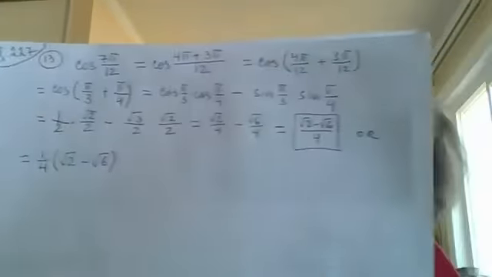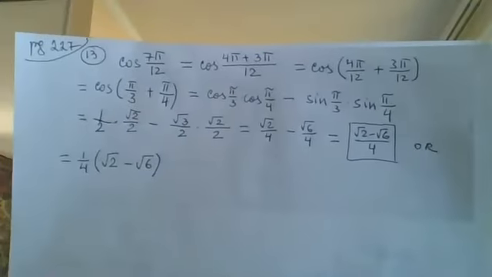Second version, which I'm going to box as well, or another version, again, treating square root of 6 like square root of 2 times square root of 3, factoring out square root of 2, you can get the other version.